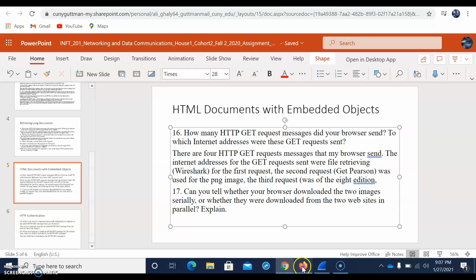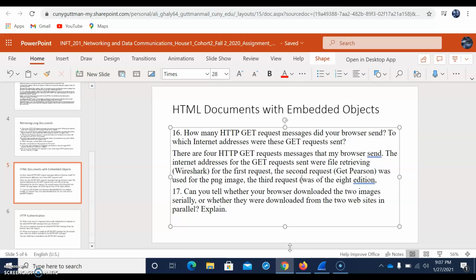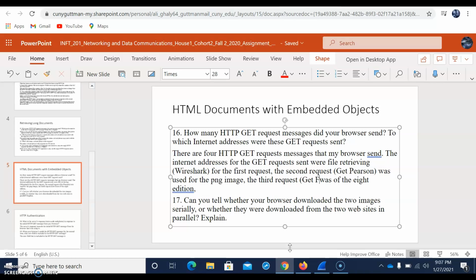Let me write get favicon, I believe. Get favicon was used for the 8th edition cover, and we'll move on to the fourth one later. Hold on.